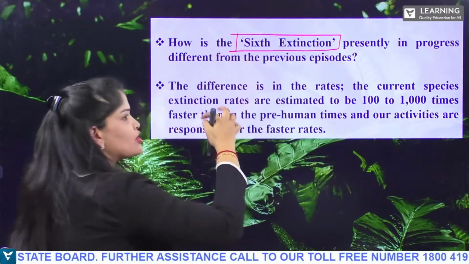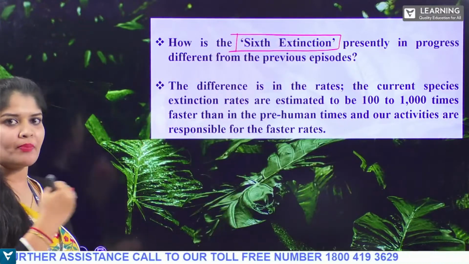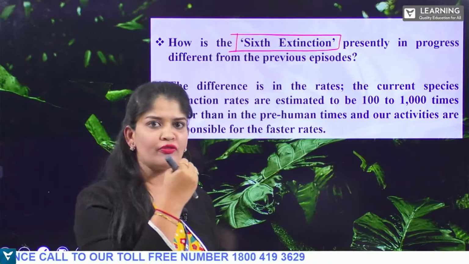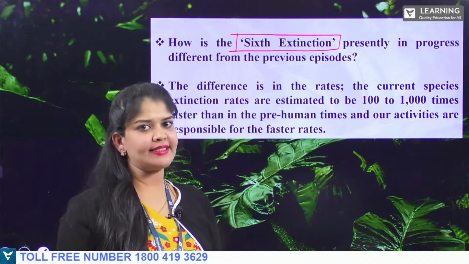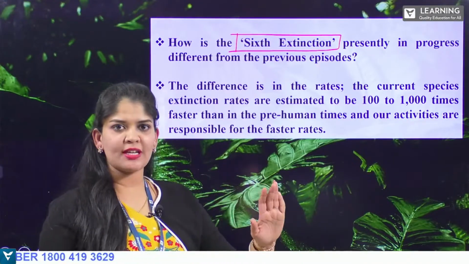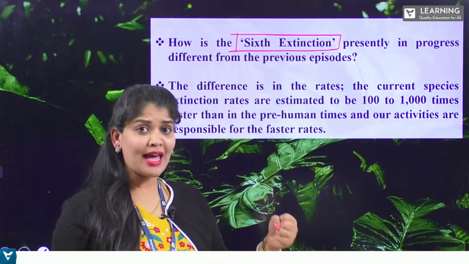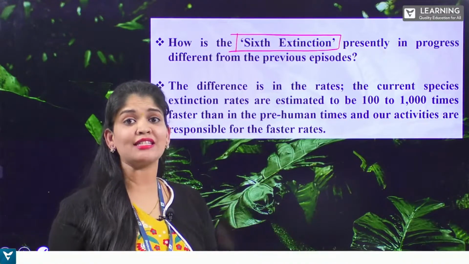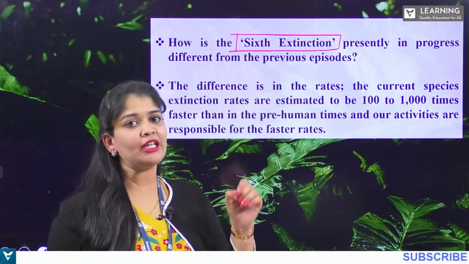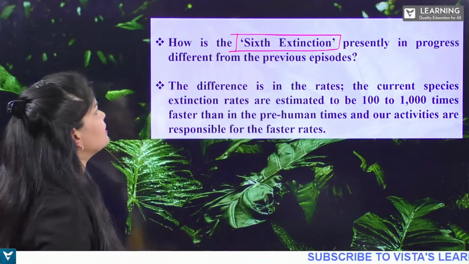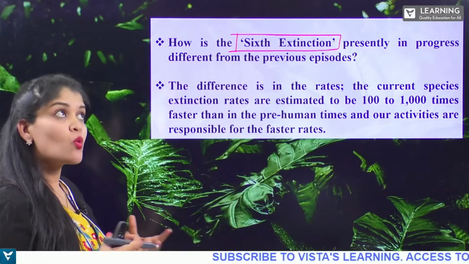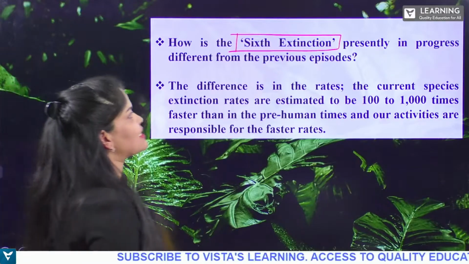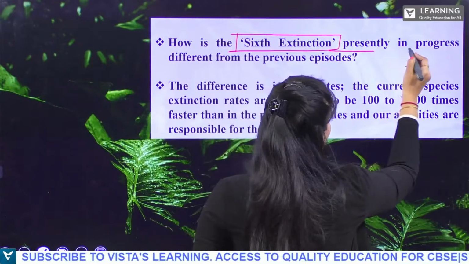At present, we are at the 6th episode of mass extinction of species. As we already stated, 5 episodes have already finished, before the existence of the human race, that means the pre-human period. So how is the 6th extinction presently happening?